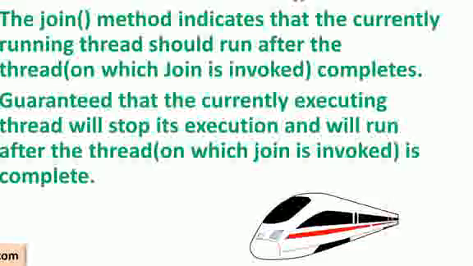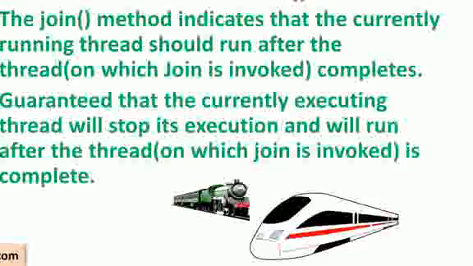So to give a better example here, you can think of a situation where we have a slow train and we have a fast train. Now both of them have to take a single track. Even though the slow train comes first, we'll stop it to make the fast train move ahead, and then the slow train should follow it.